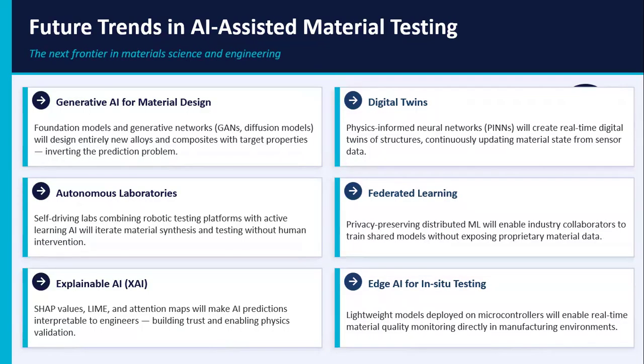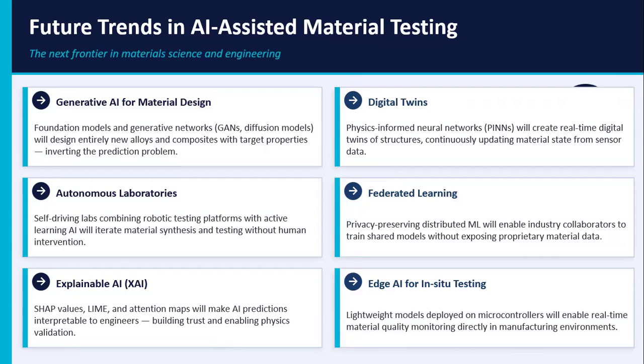Let us now see the future trends. What are the various future trends regarding material testing and evaluation using AI? The future of material testing is highly exciting. Generative AI will design new materials with targeted properties. Digital twins will continuously monitor material behavior in real time.